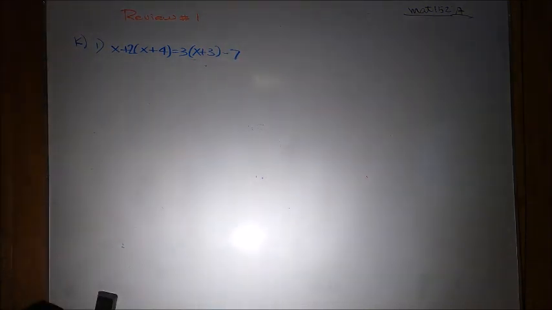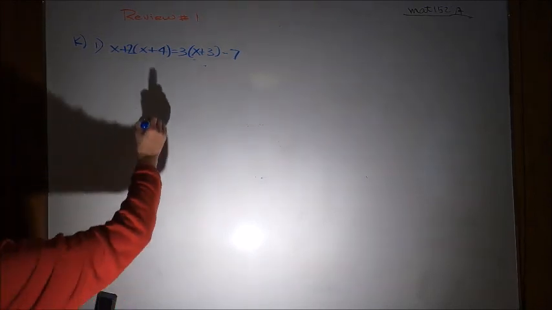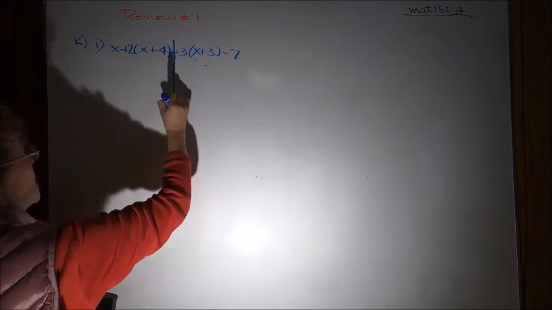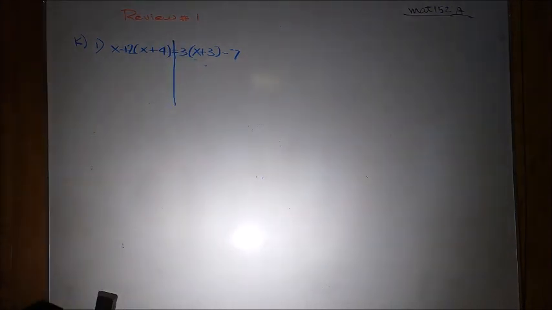Remember what to do? You do one side, you do the other, right? So first you draw a line. Before you move things around, you always make things simpler for you to continue, okay?